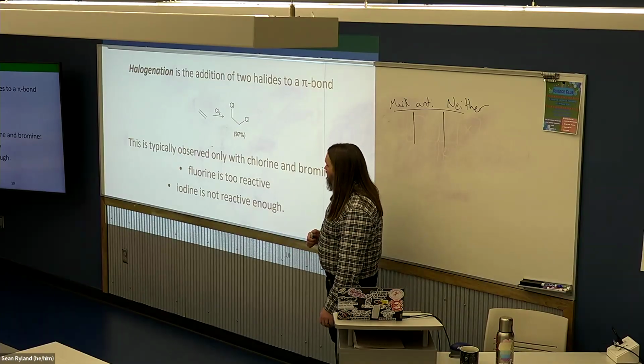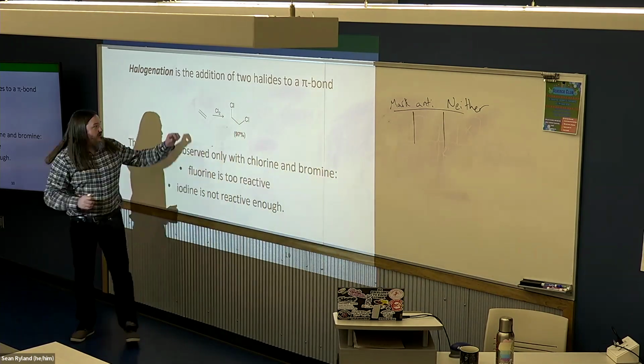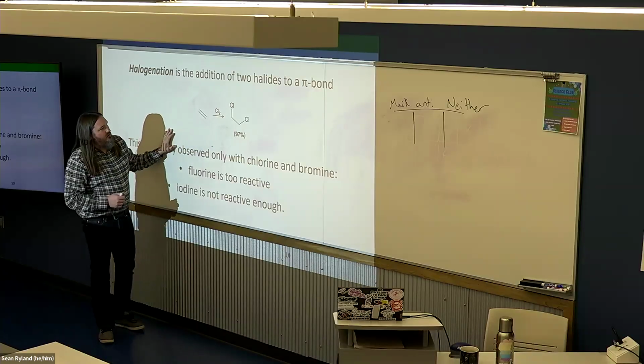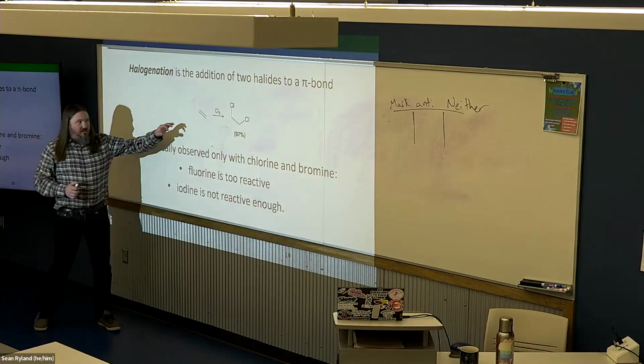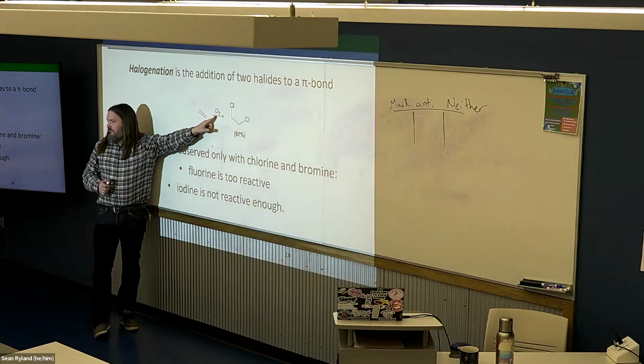So with chlorine or bromine, the way that we're going to see it show up is just that you have an alkene and it's just Cl2. If you do that, all you have to do is expose an alkene to chlorine and you're going to get this reaction. It happens pretty quickly.